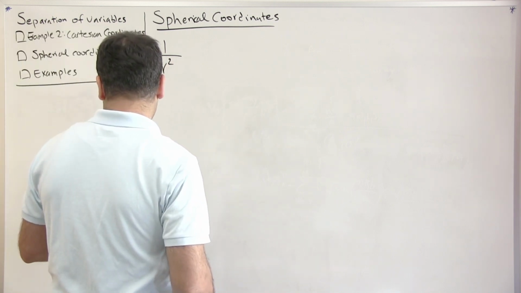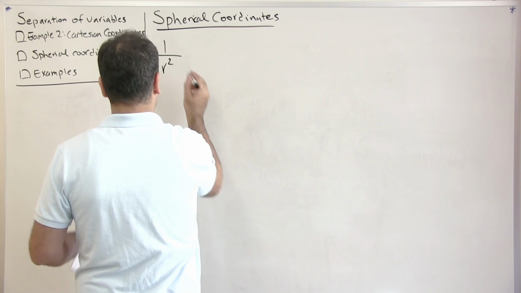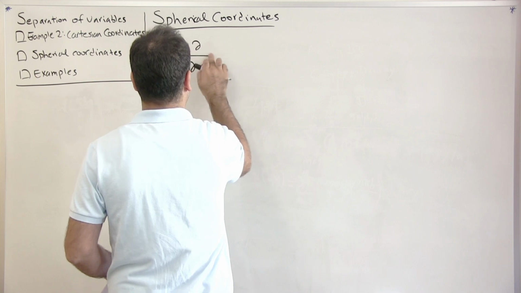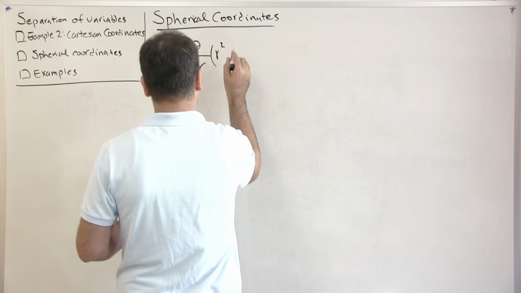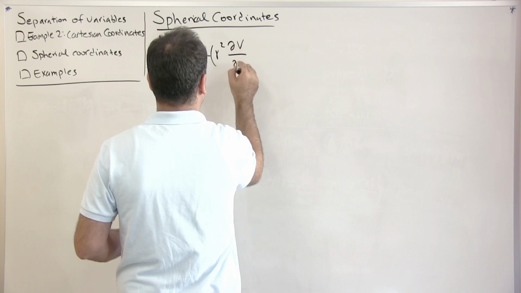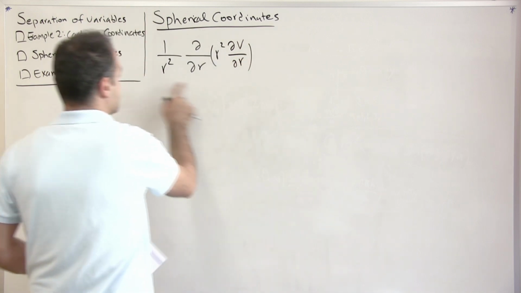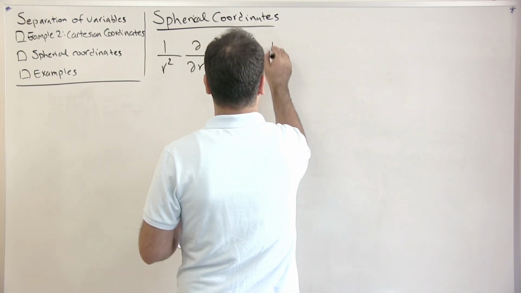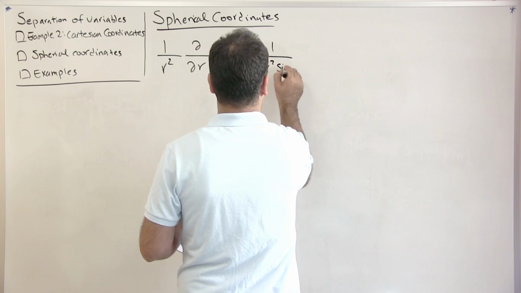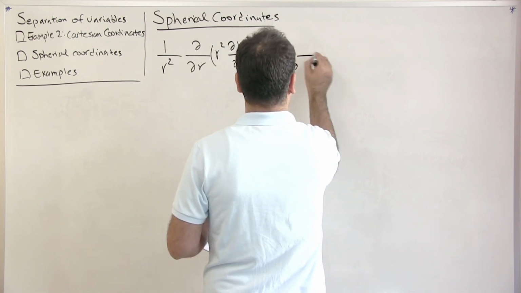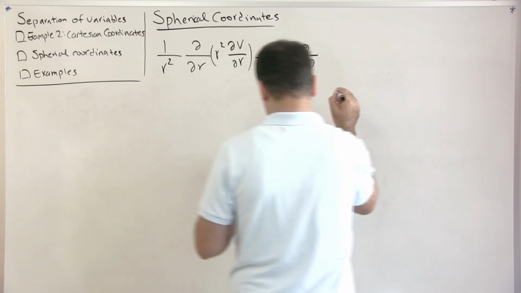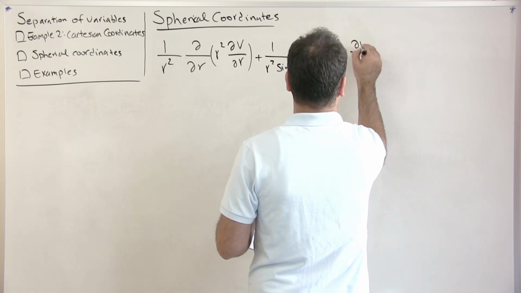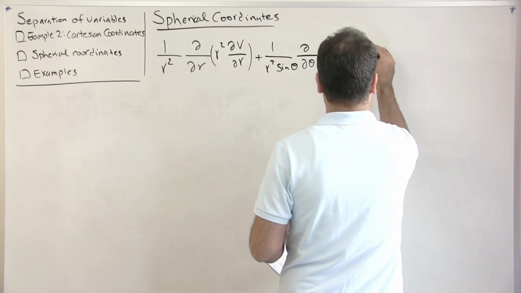The R term of the Laplacian is 1 over R squared, partial derivative with respect to R, of R squared times the partial derivative of V with respect to R. So this is the R component. Then we have 1 over R squared sine theta, partial derivative with respect to theta, of sine theta times the partial derivative of V with respect to theta.